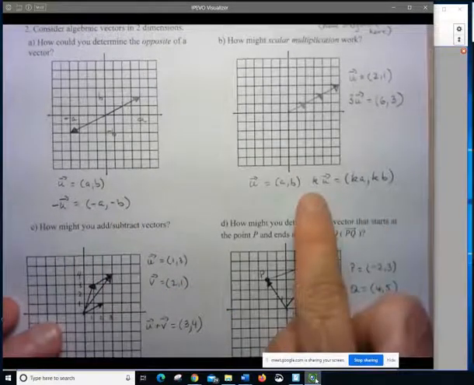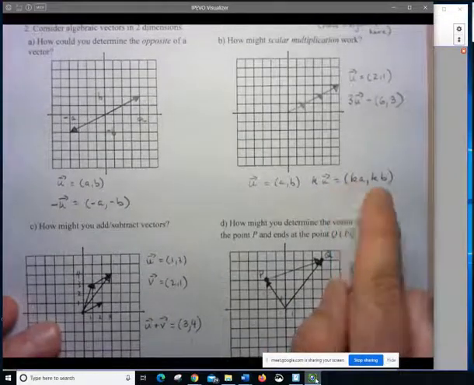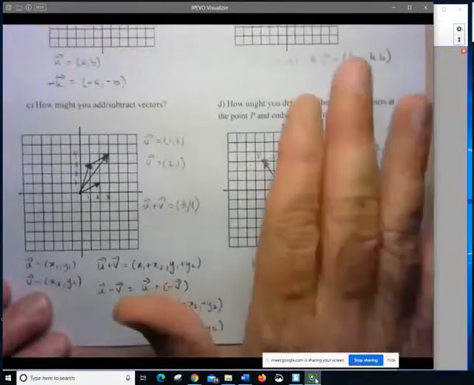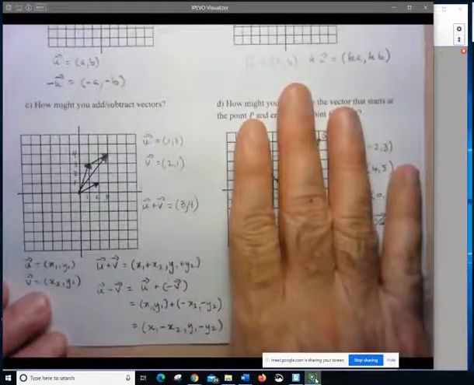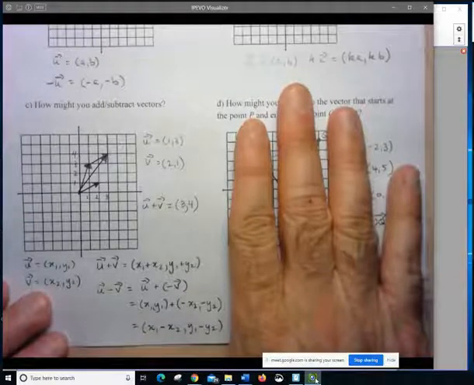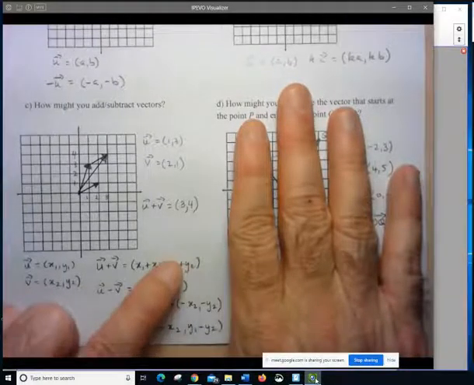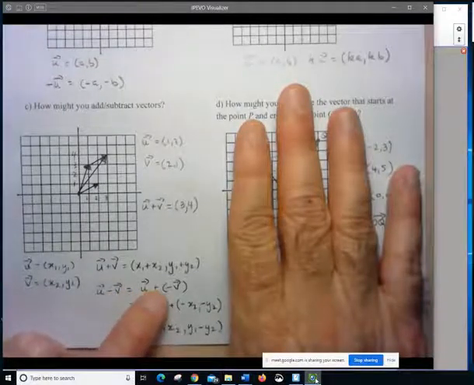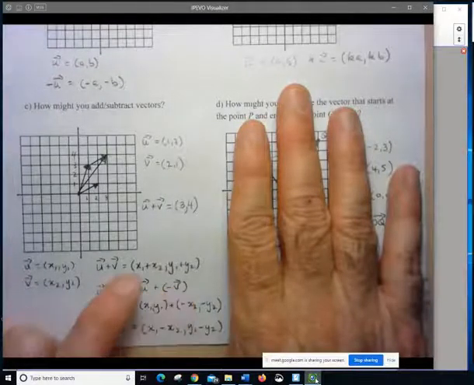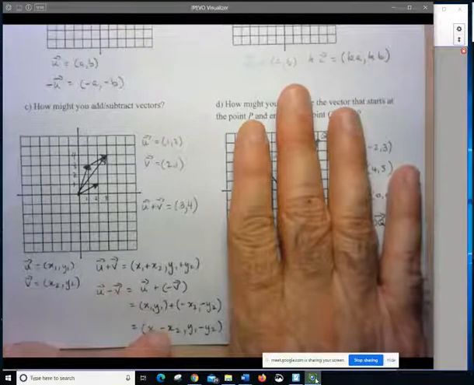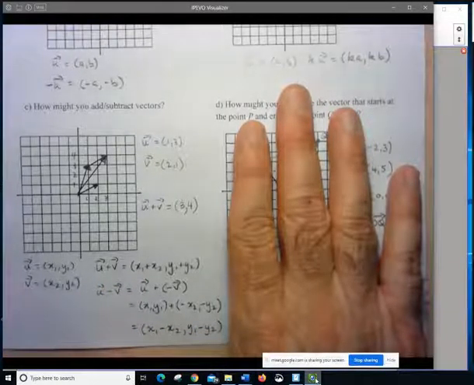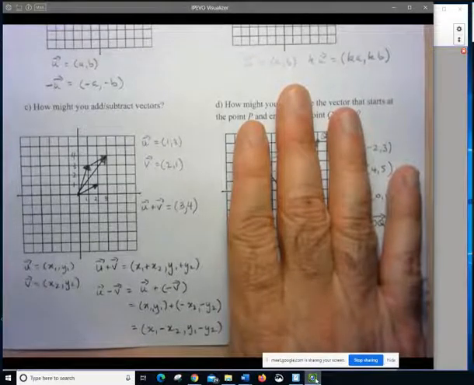If you want to multiply a vector by a scalar, it's just about multiplying each component by that number. And if we want to add and subtract, it's just a matter of adding the individual components. And subtraction, you can just think of as adding the opposite. So subtracting 2 vectors is just about subtracting the individual components, because that's what adding the opposite is when it comes to real numbers.